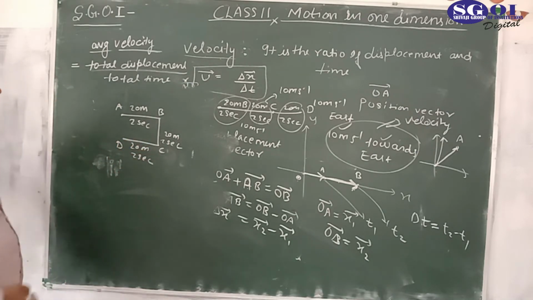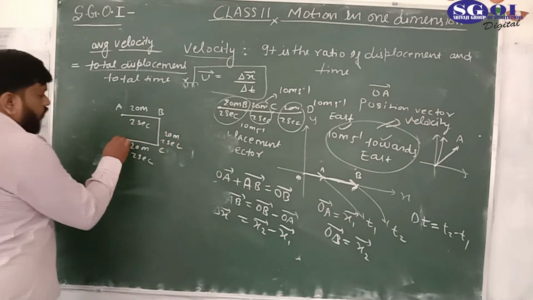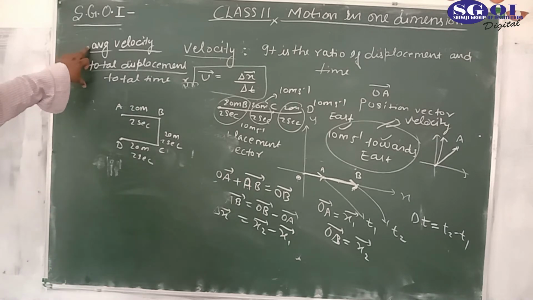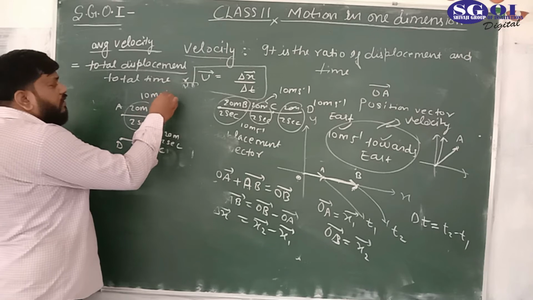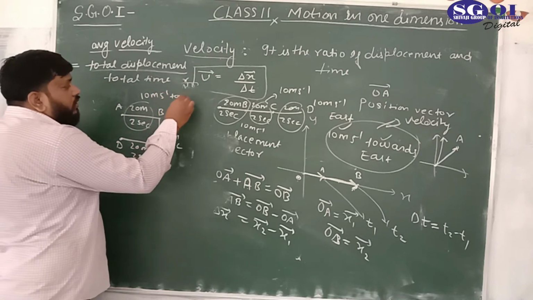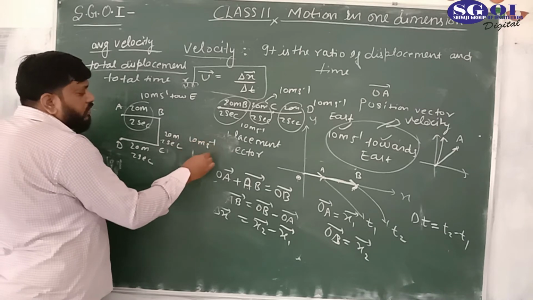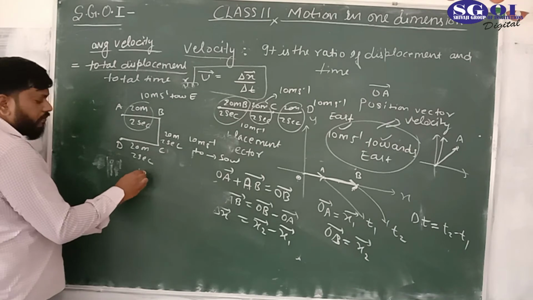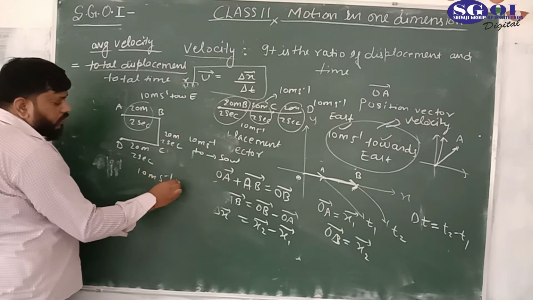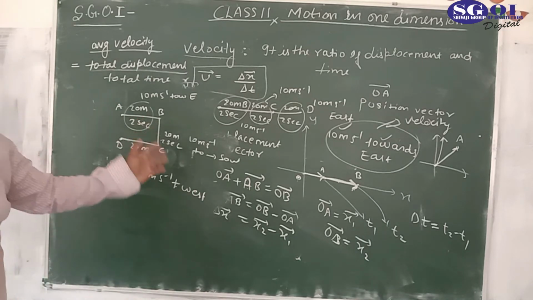So we have this very good example for this particular numerical problem, and we are seeing that here the velocity is 10 meter second inverse towards east, there 10 meter second inverse towards south, here 10 meter second inverse towards west. So all the velocities are different.